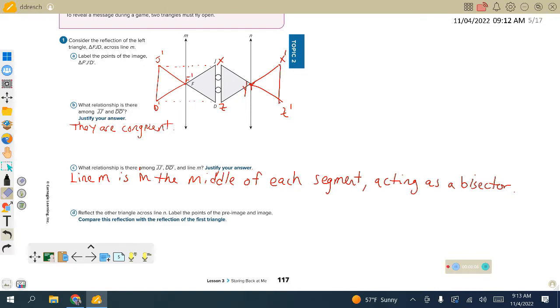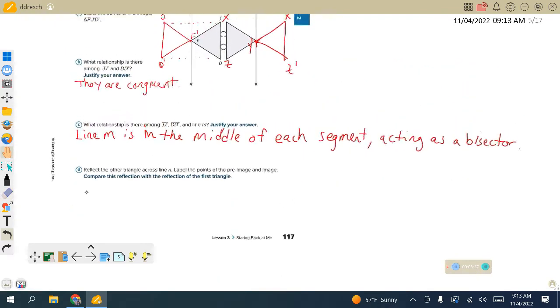Line N should be in the middle of X to X prime, Z to Z prime, and it's a little weird to think about it, but it's also right there in the middle of Y, Y prime, because it's right on the line of reflection, which is a little kind of funky to think of it like that. So we're talking reflections here, and then let's continue on here, talking reflections.